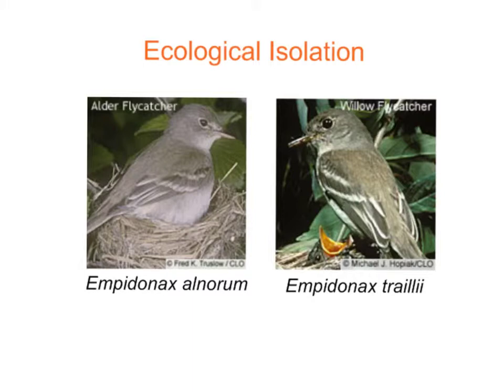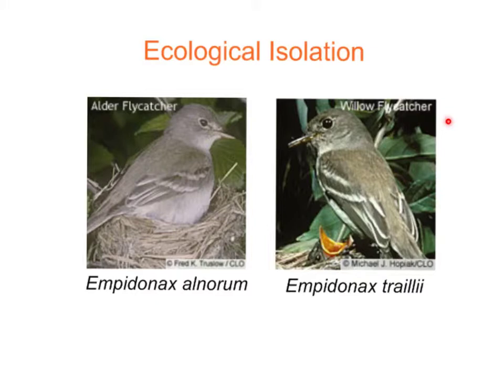So we could also have something called ecological isolation. That occurs when two populations adapt to different habitats. An example would be these flycatchers here. We have the alder flycatcher and the willow flycatcher. They were once considered to be one species of bird, but new observations show that there are two species in this group.